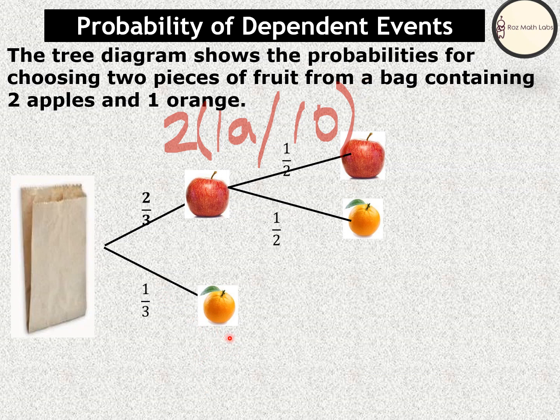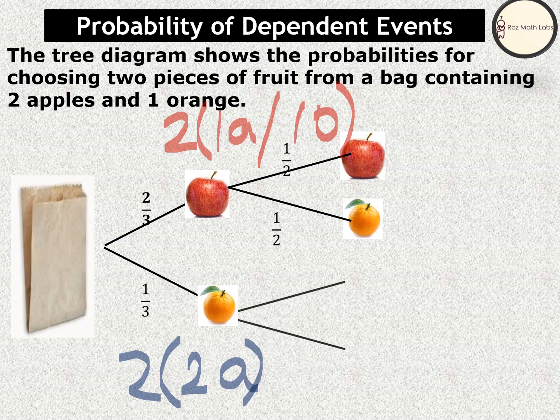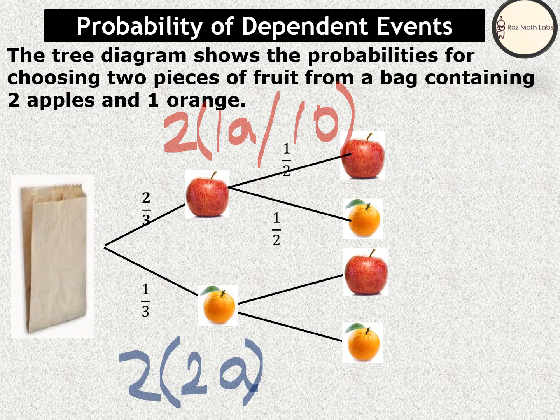Now let us see the second case. In the second case, we have chosen an orange at random. So here again, we are left with 2 fruit. But here the orange is gone, so we are left with both apples. Let us now check the probabilities of choosing an apple and an orange randomly. To choose an apple randomly, the chance will be 1 whole, since we have 2 apples and we are choosing an apple.